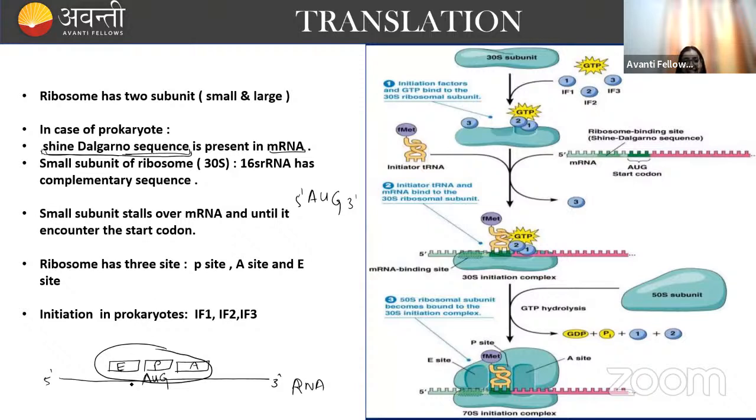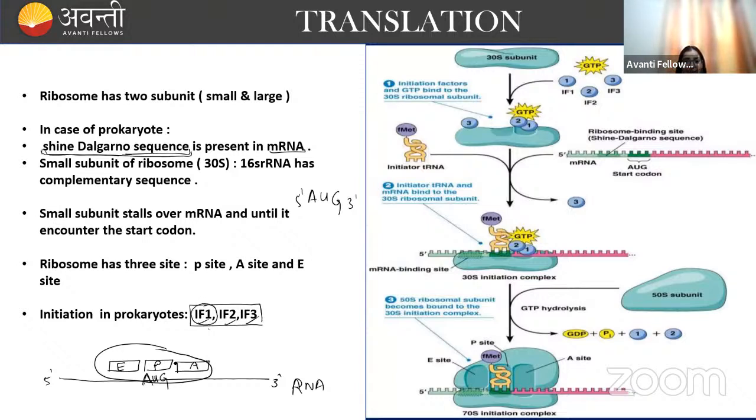So this E site is the exit site. The P site is the site where this start codon is present, and this A site is the aminoacyl site. For the initiation, there are three factors present in prokaryotes, and these factors are IF1, IF2, and IF3.